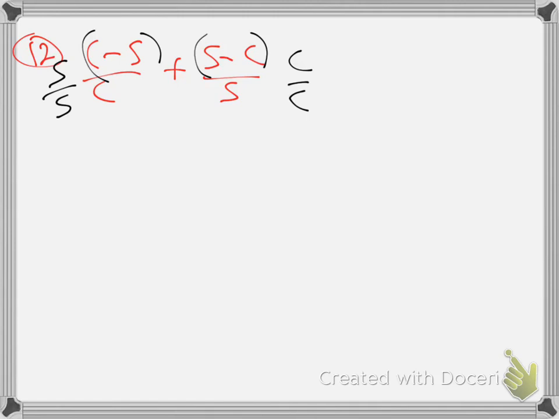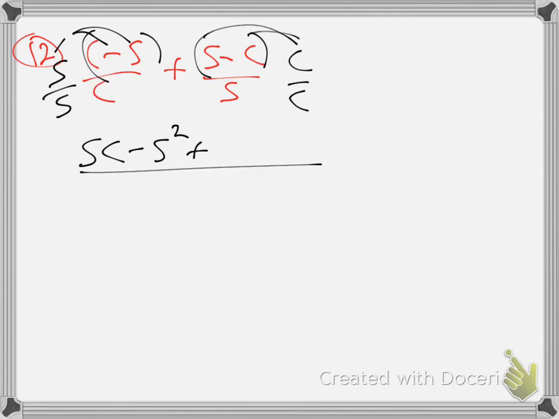To combine two fractions, you've got to have common denominators. And so then the sine distributes, sine cosine minus sine squared, and then the cosine distributes, sine cosine minus cosine squared, over sine cosine.